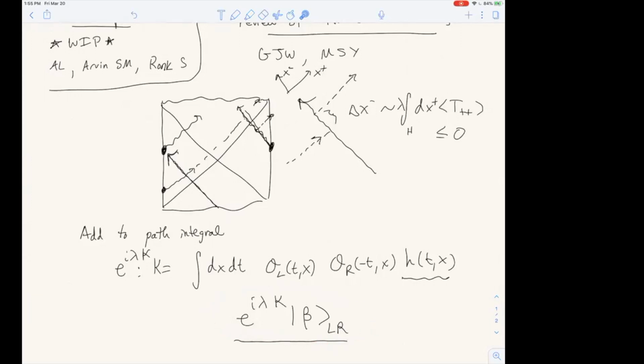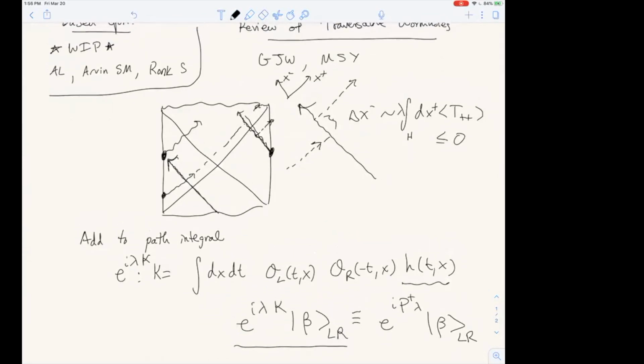Yes, right, because to leading order this is essentially just the shift. So in a certain approximation, this just becomes e to the i p plus times lambda acting on the thermal field double, where this is the bulk null energy operator, which generates shifts, and this just preserves the thermal field double. I think that is what you're trying to say.